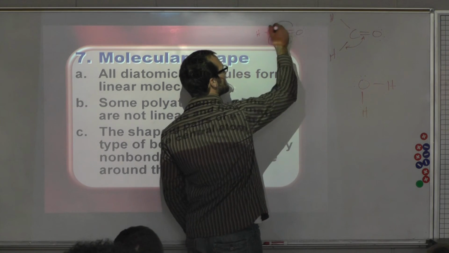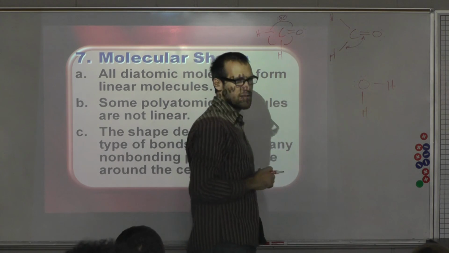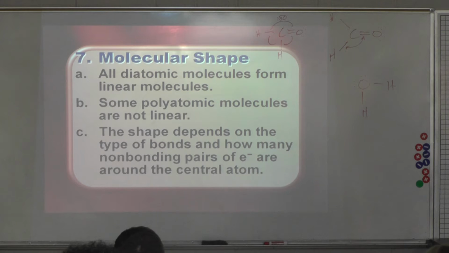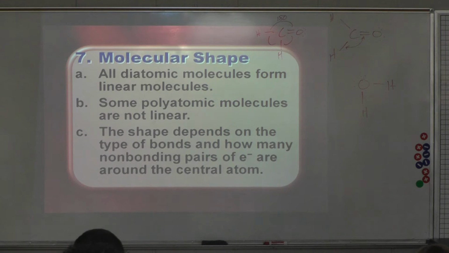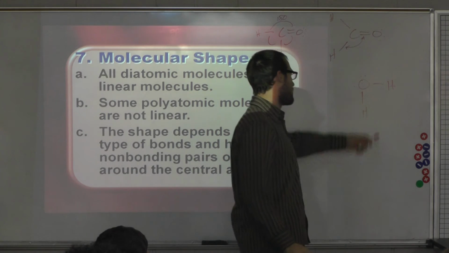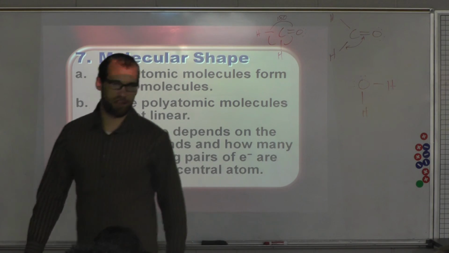And between this and this, it's 180 degrees? That doesn't make sense. And so we're getting into talking about what the shape would look like depending upon what's bonded on the central atom and how it's bonded. I'm not going any deeper than that. When you take chemistry, we'll go deeper. This shape is called a trigonal planar shape.